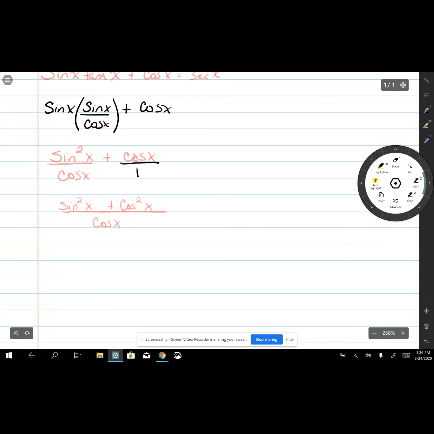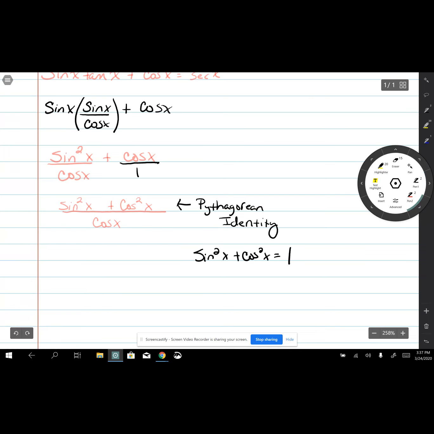Well, you should know, and there should be all these bells and whistles going off right here, that this is a Pythagorean identity. Boy, I can't spell today. Identity. Okay. We know that sine squared of x plus cosine squared of x equals 1.